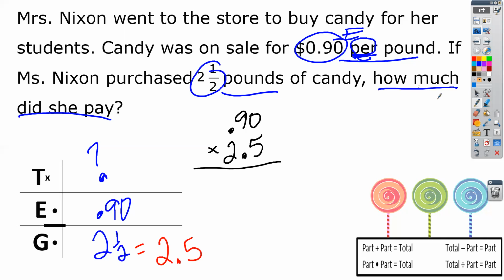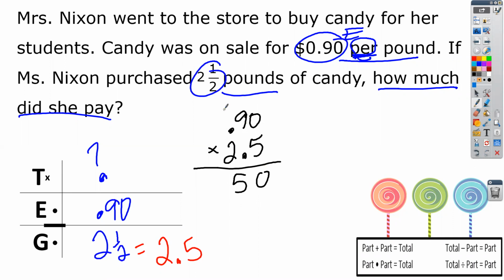So at this point, you would multiply this like normal. So 5 times 0 is 0. 5 times 9 is 45.